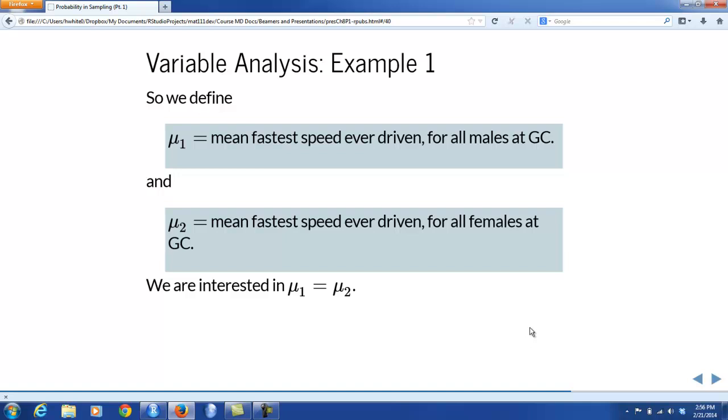So we might define mu1 to be the mean fastest speed ever driven for all males at Georgetown College, and mu2 to be the mean fastest speed ever driven for all females at Georgetown College. Notice two parameters, one for each of the two possible values of sex. And we're interested in mu1 minus mu2.